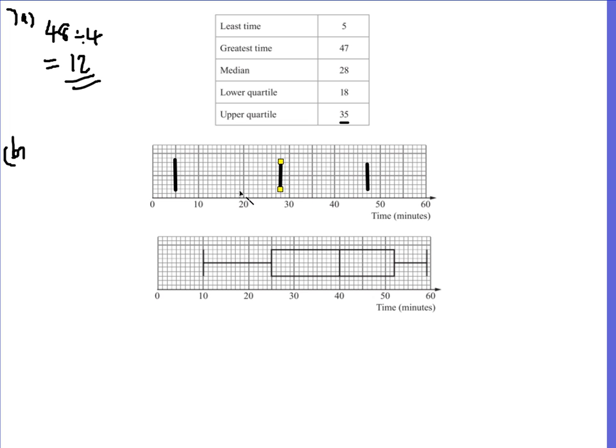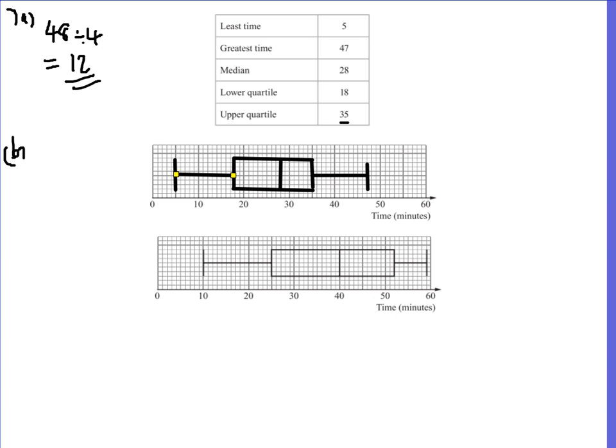We have the lower quartile, that's 18. And we have the upper quartile, that's 35. And draw this in. Obviously you'll be able to do it a lot straighter than I can. Then you get the idea of what's expected there.